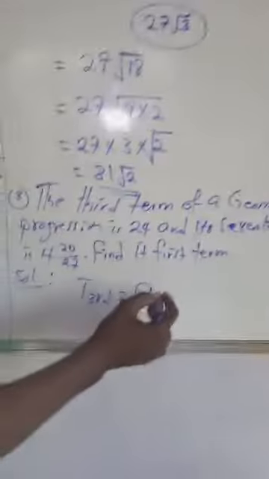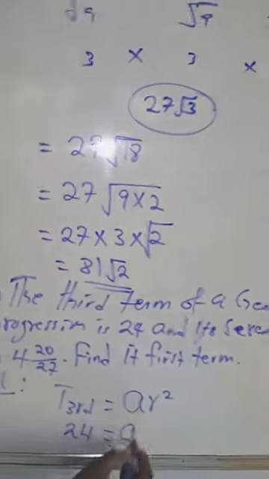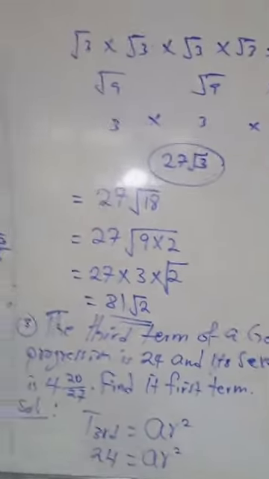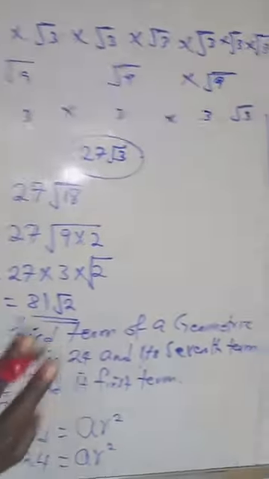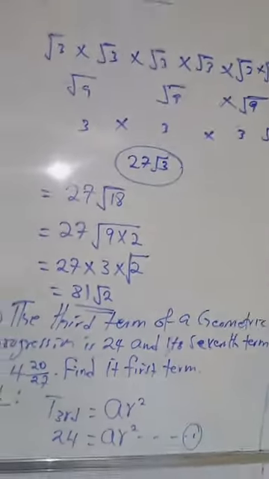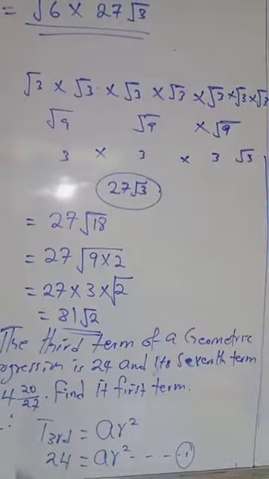They did not give us the first term and no common ratio. Of course, this is where we stop for the first term, that is equation 1. It's going to lead to simultaneous equations. So the seventh term is that.